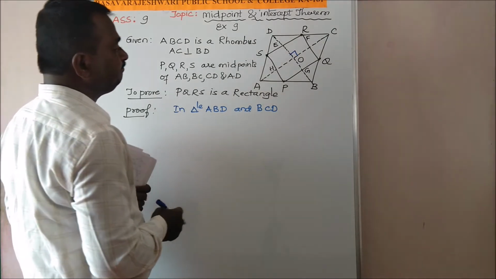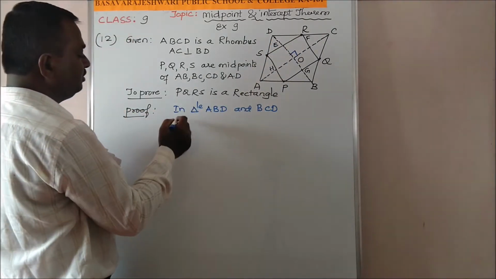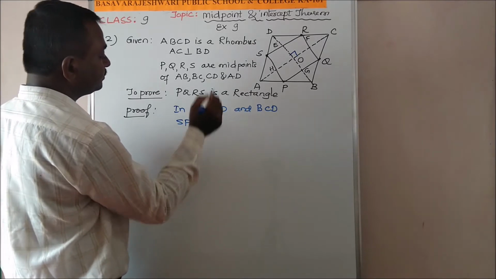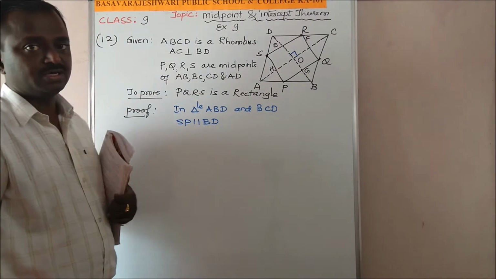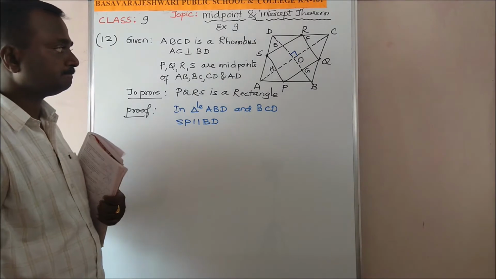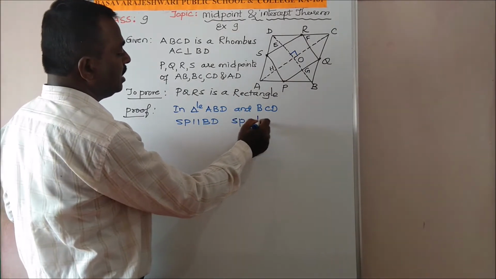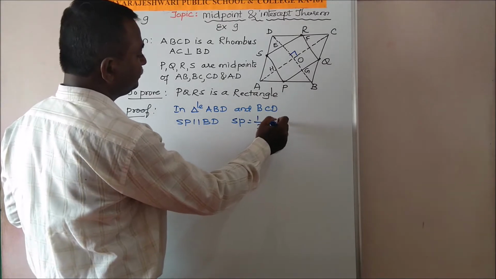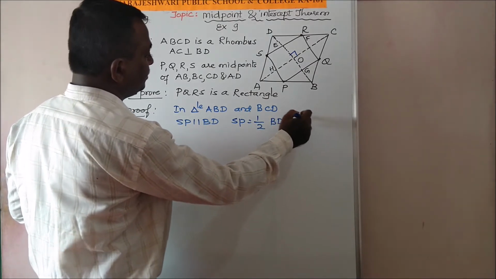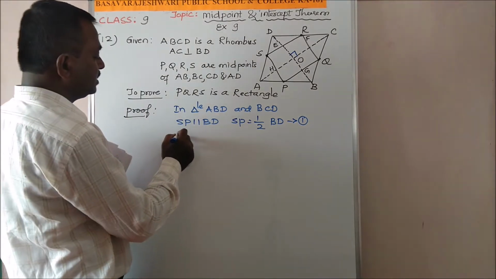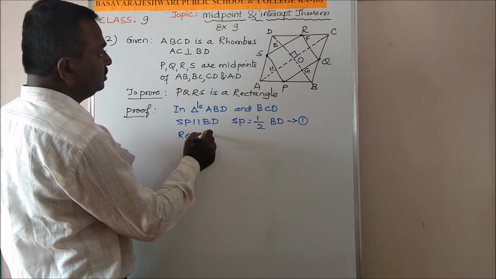In ABD, SP is parallel to BD. Therefore, SP is equal to half of BD. Equation number 1. Similarly, RQ is parallel to BD.